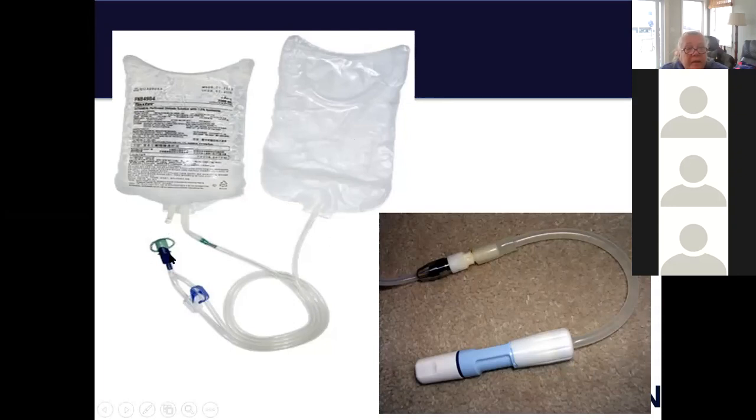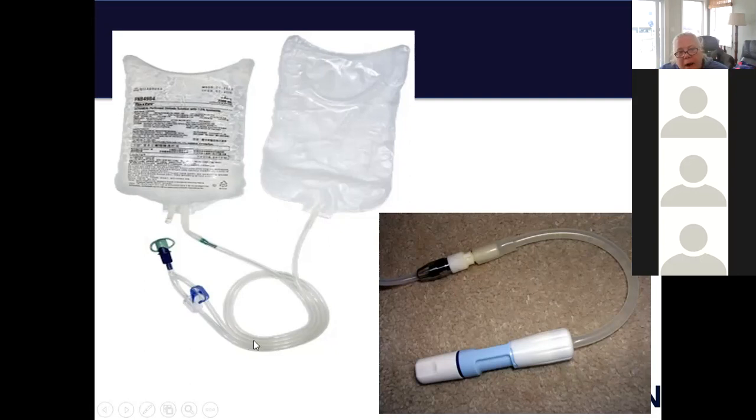This end is not connected yet, but because you want to prime the tubing, you bend that frangible, and that allows fluid to prime the tubing. And it's that frangible cap in there that keeps the fluid in the bag.